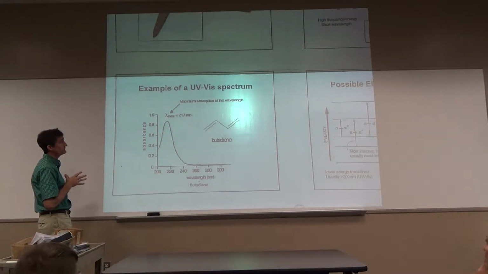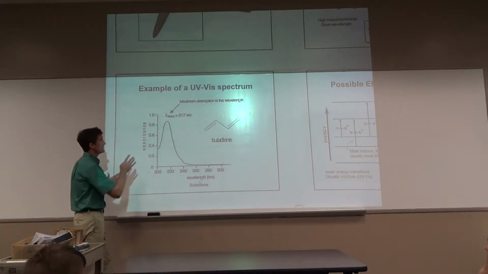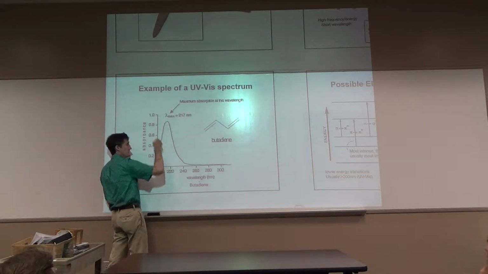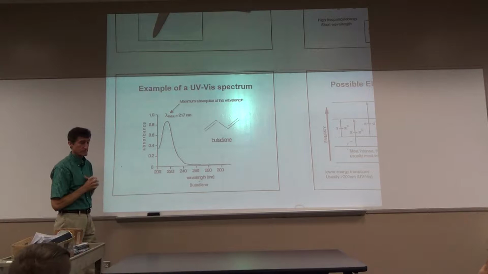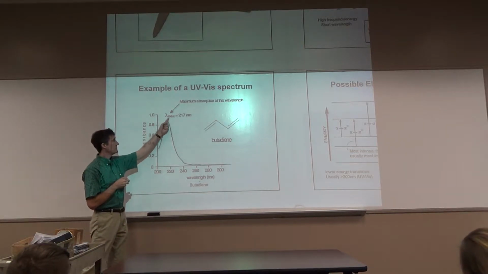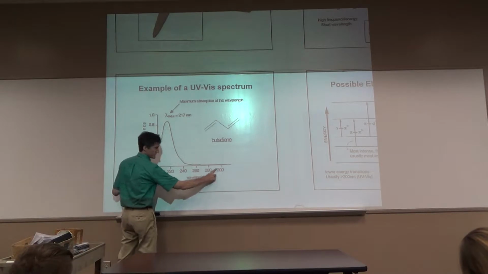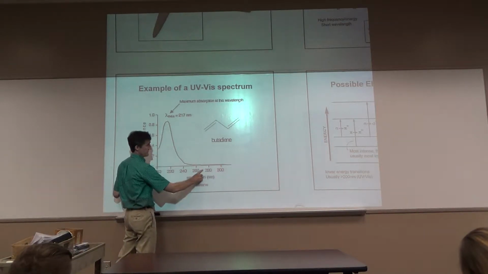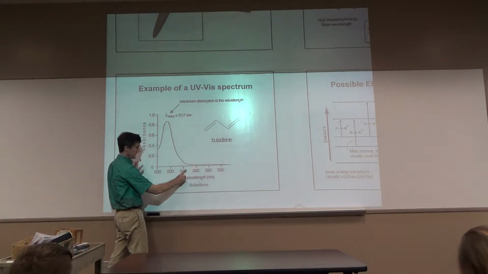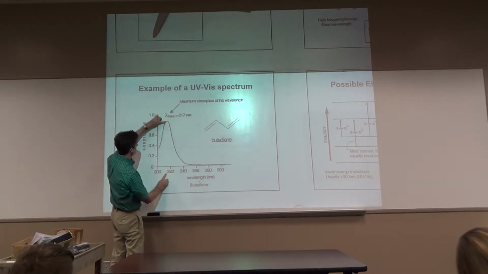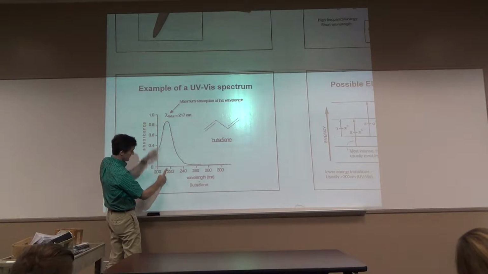One key piece of information we get is the lambda max. The lambda max is the wavelength of greatest absorption. Lambda being wavelength, maximum absorption. Well, it's not absorbing any at 300, very little at 260. Where's the maximum absorption? Right there. That comes down to what?